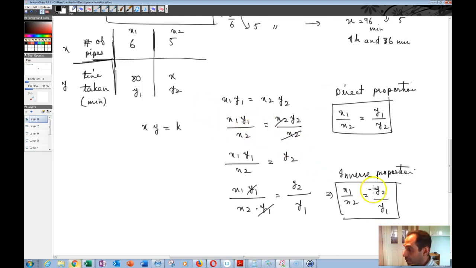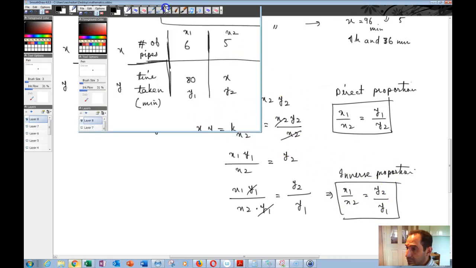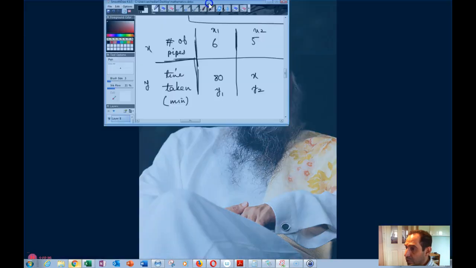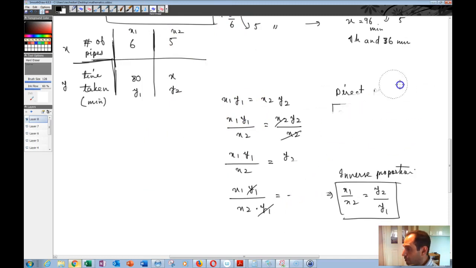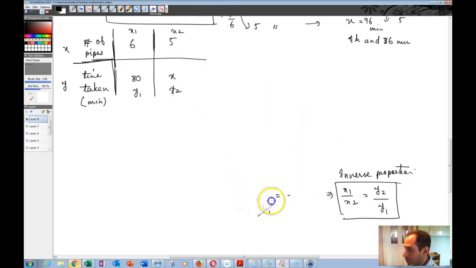So now I'm going to use this relationship over here. I'm going to erase all of these things. I don't need them right now. And I'm going to use this relationship to find out what this thing actually is.